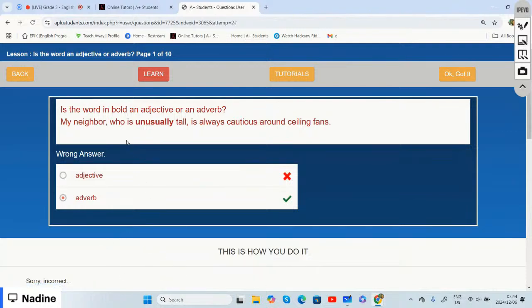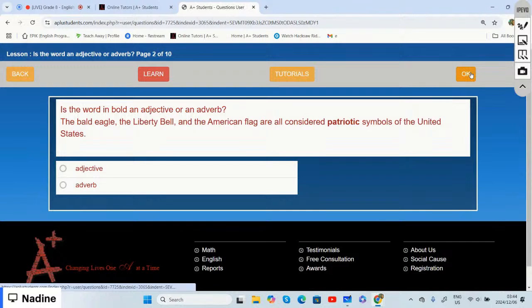Adverb. But if it describes the person, then why is it an adverb? Okay. Because unusually tall, okay, unusually it describes the height of the neighbor.